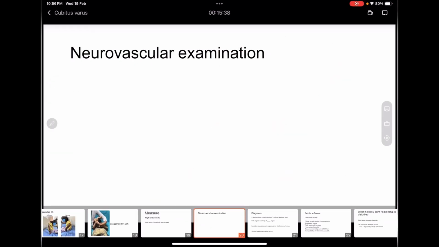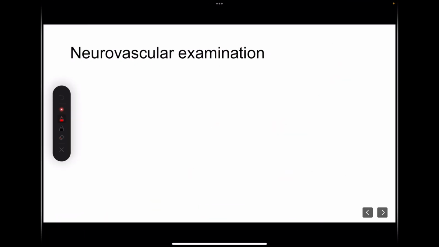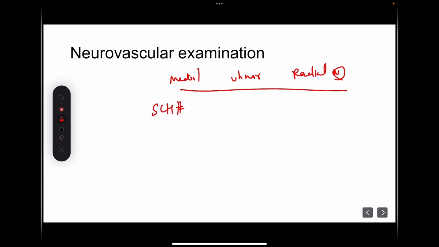Now coming to the neurovascular examination, you should always look for involvement of the median, ulnar or radial nerve, because we have already discussed that in supracondylar humerus fracture, any of the nerves could get involved depending upon whether it is posterior-medial or posterior-lateral displacement. Whenever the displacement is posterior-medial, the radial nerve gets involved. Whenever it is posterior-lateral, the median nerve gets involved.